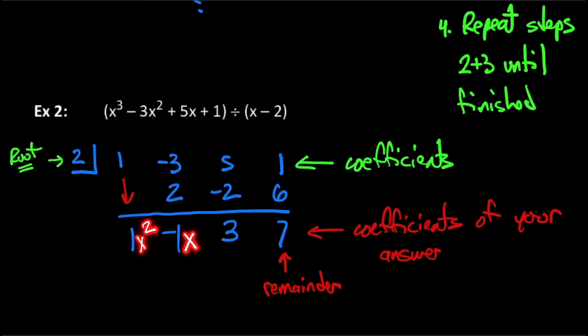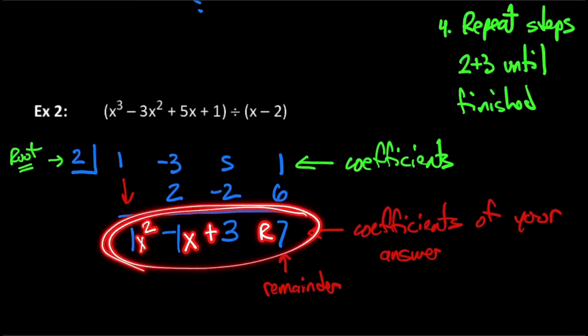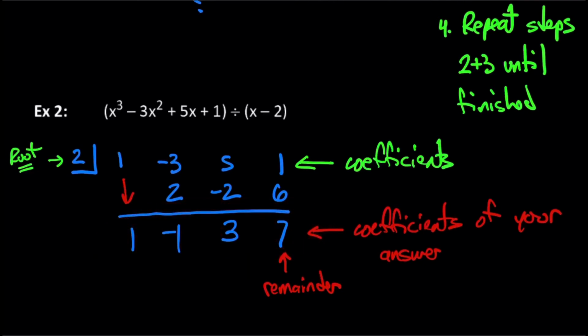And that would be an x, that would be a number, and that's your remainder. This is how you write your answer. All right, the variables are not in here because it kind of clutters things up. We just want to use the simple numbers. So the answer to this question is x squared minus x plus 3 with a remainder of 7.